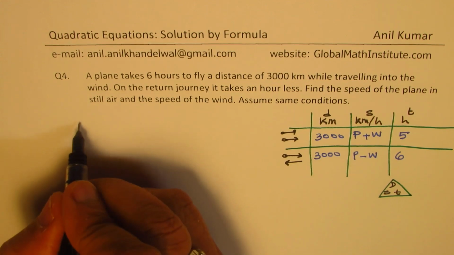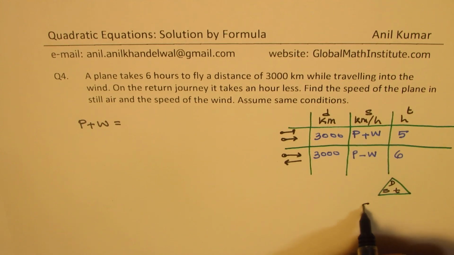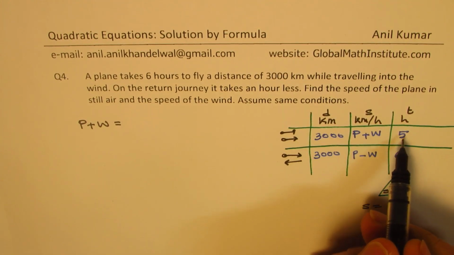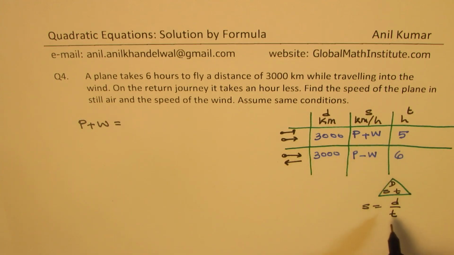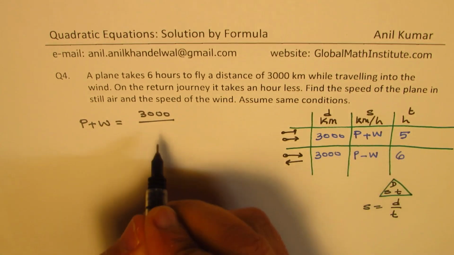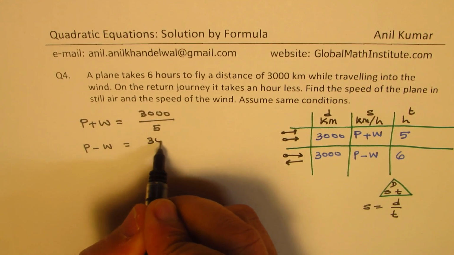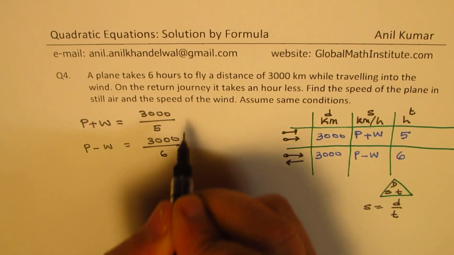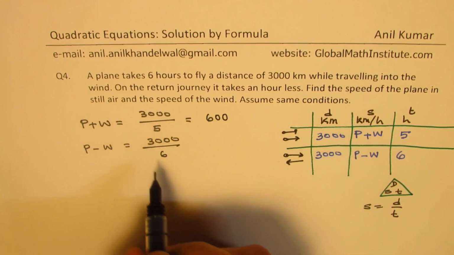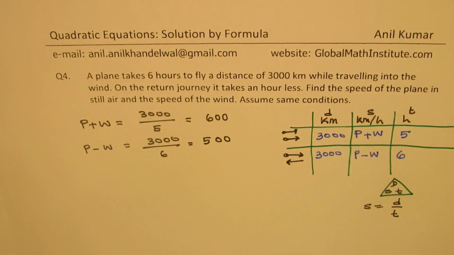So we are saying P plus W is the speed, right? So distance is 3,000 over time, which is 5. And P minus W is 3,000 over 6. So when you divide by 5, 5 goes 6 times, you get 600 here. When you divide by 6, you get 500 here. Clear? So we actually get two equations.